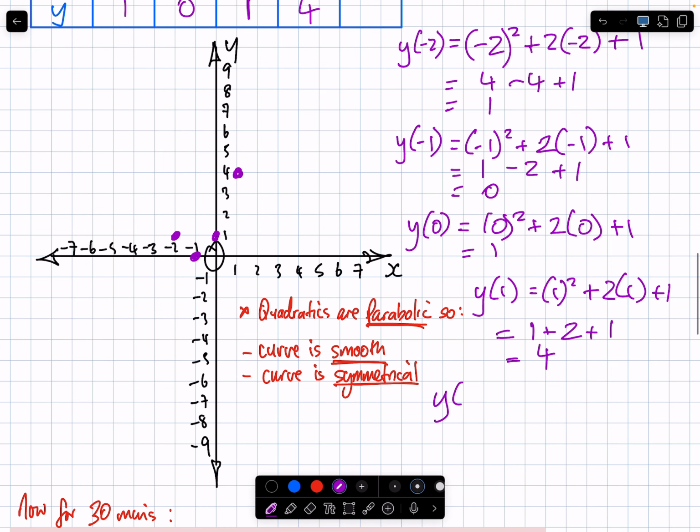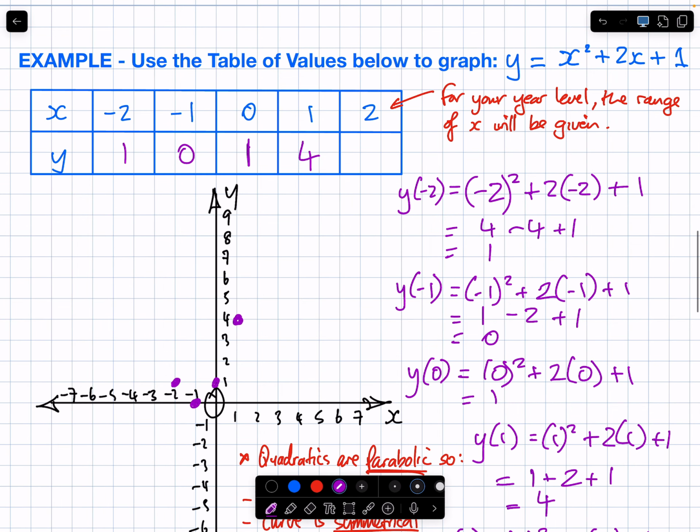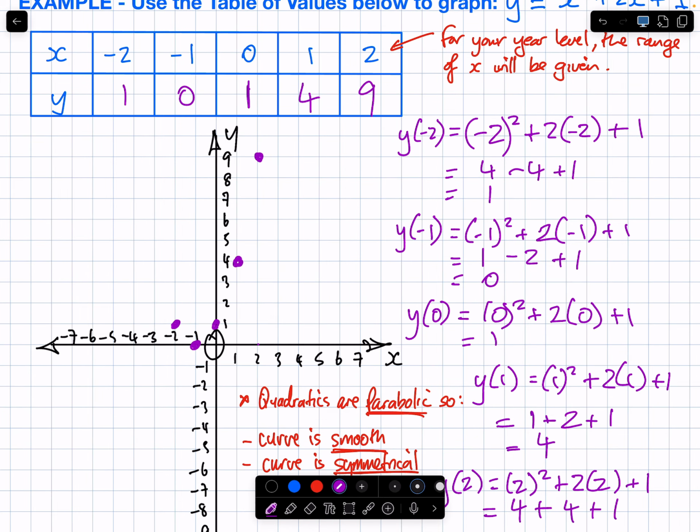Y for when x is 2. 2 in brackets squared plus 2 times 2, sorry. 2 times 2 squared. 4 plus 4, plus 1. What do we got? 2 and 9. So now I have 2 here, 9 up there. It looks like we only have 5 dots.